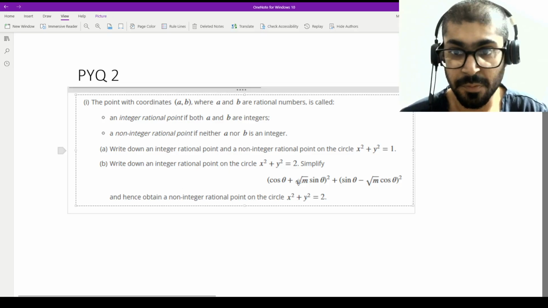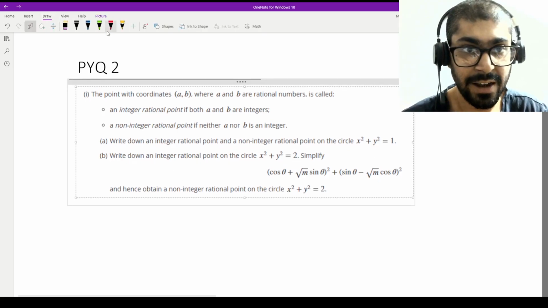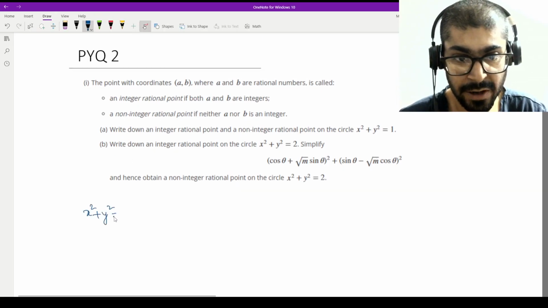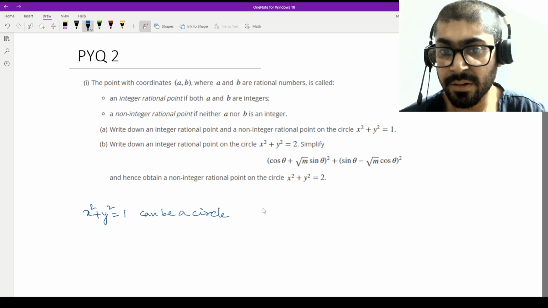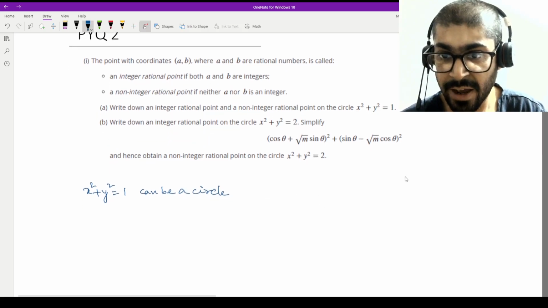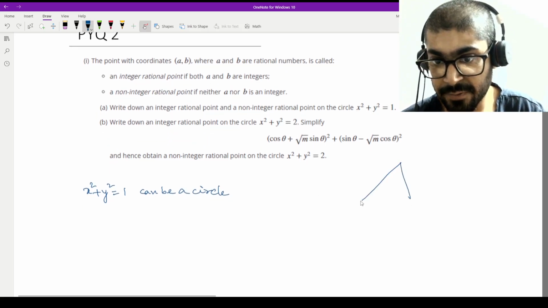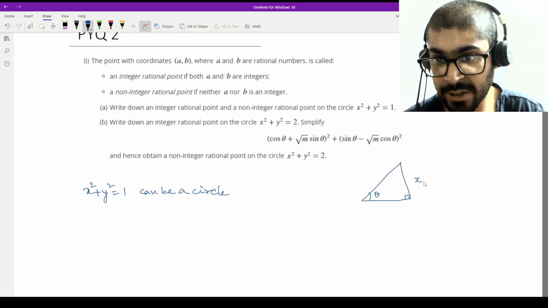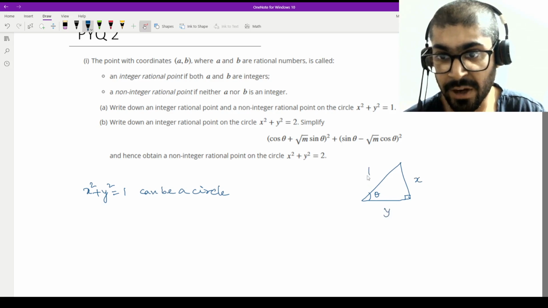So we have to look into this equation, x square plus y square equal to 1. Now you know that x square plus y square equal to 1 can be a circle, or you can also think of it as a right angle triangle, where, let this be any random angle, you have x here, you have y here and 1 here.